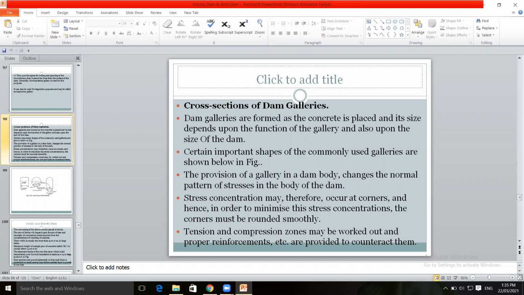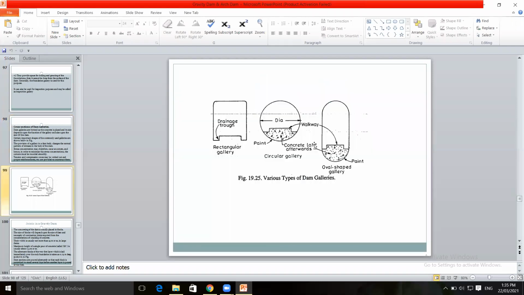Hence, in order to minimize this stress concentration, the corners must be rounded smoothly. Here these corners are rounded.